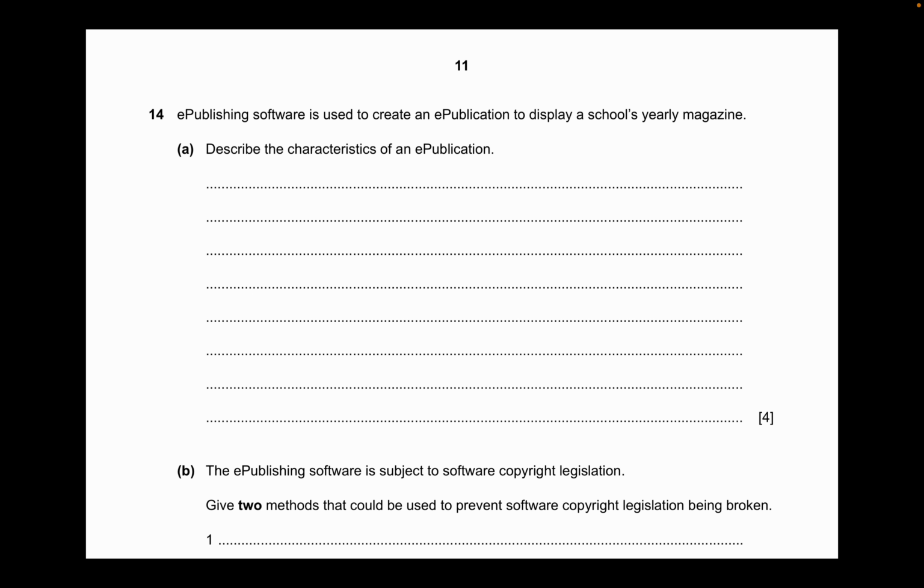An e-publishing software is used to create an e-publishing publication to display a school's yearly magazine. Describe the characteristics of an e-publication. This is more of multimedia chapter, right? So it allows multimedia to be embedded in the pages. You can write that first point, embedded in the pages. Then you can mention that it allows the auto changes of pages.